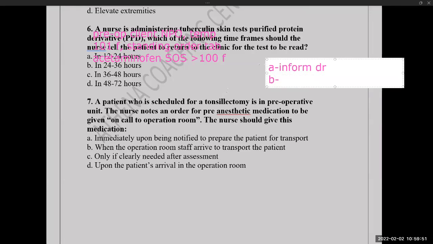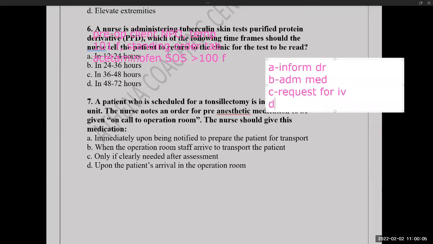So I'll give you the options also. Inform the doctor, administer medication, request the medications as IV and postpone the surgery.